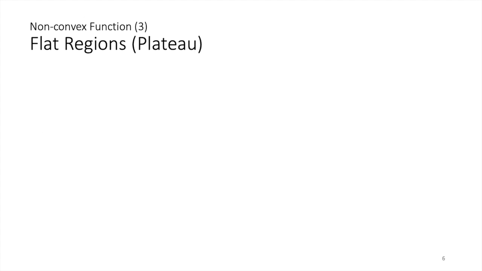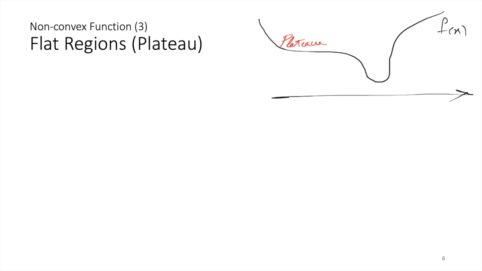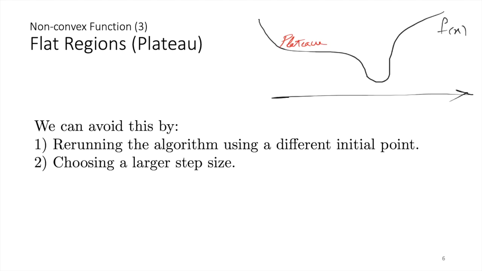And the third one was getting stuck in flat regions, or plateaus, and the practical remedy for this is just to restart or reinitialize and rerun your gradient descent algorithm. So perhaps you're coming from the other side of the paraboloid. Or we can choose a larger step size, but this has its own caveats. We talked about those as well.